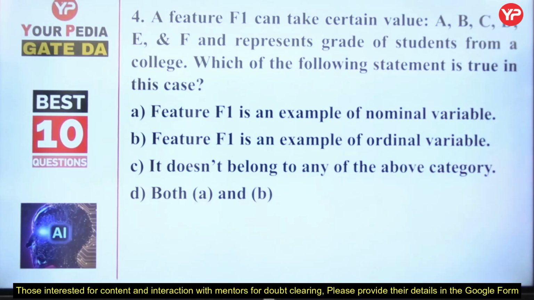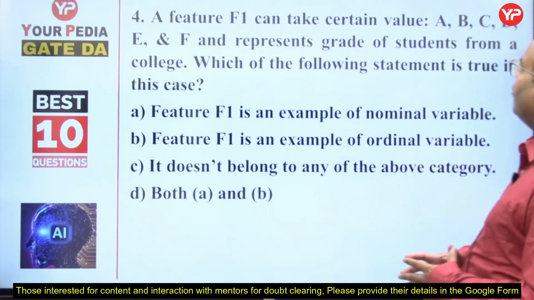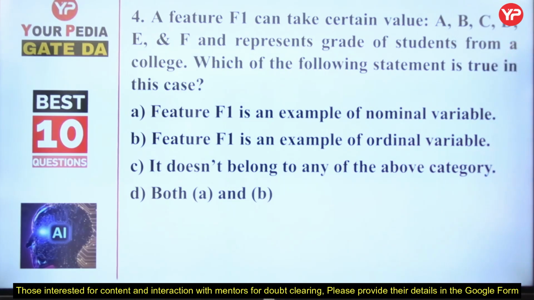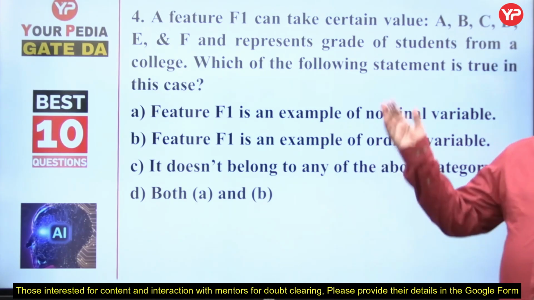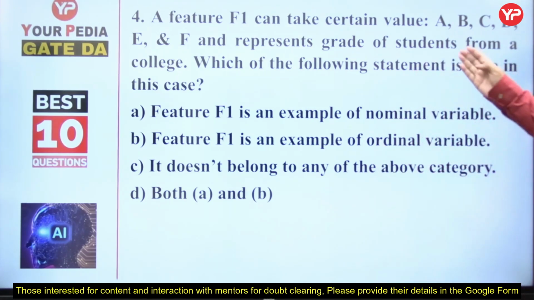Now the fourth question: a feature F1 can take certain values A, B, C, D, E and F and represents the grade of students from a college. Which of the following statements is true in this case? See, simply it's about grading. We have given grades like 70 to 80%, 80 to 85, 85 to 90, like this, A, B, C, D grades.